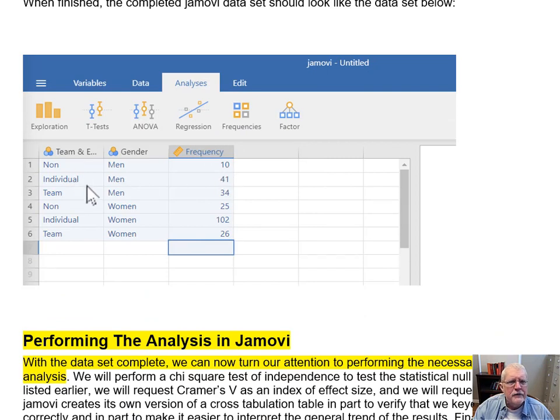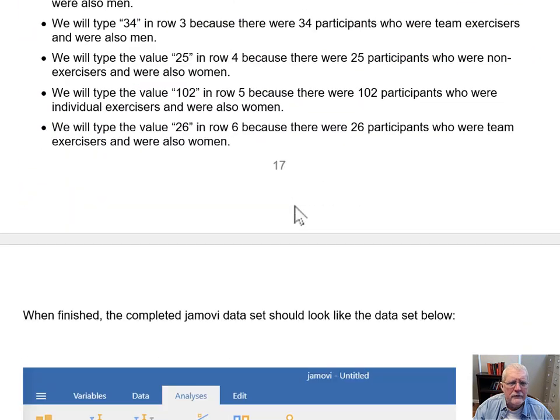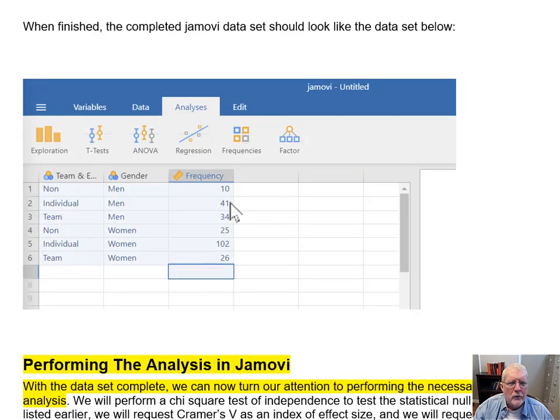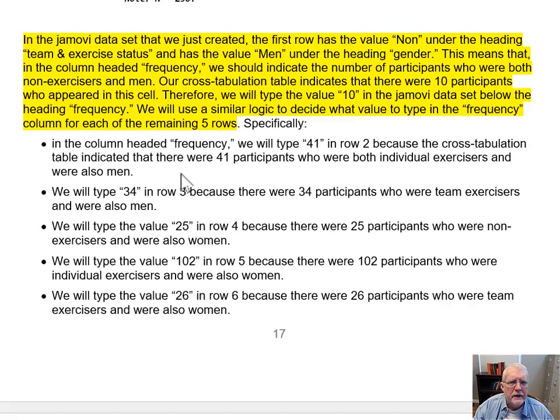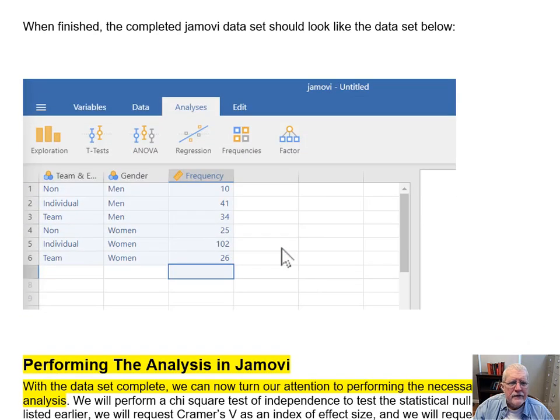The next row, individual exercisers and also men. What number should I type? Individual exercisers and also men. There were 41 of them. So I typed 41 in this spot. Team exercisers and also men. There were 34 of them. So I typed 34 in this spot.